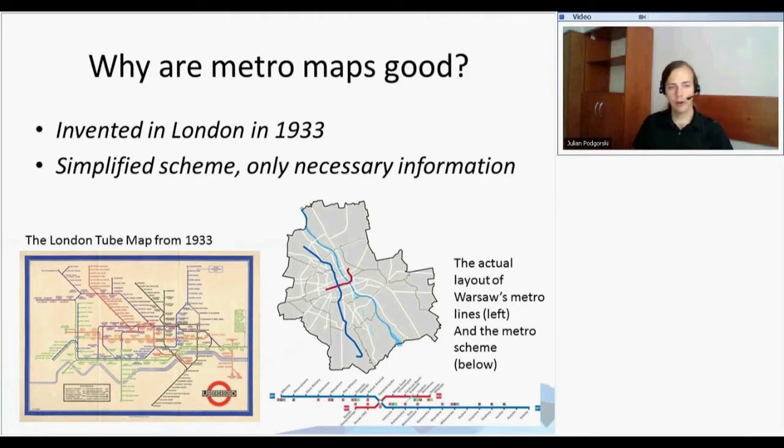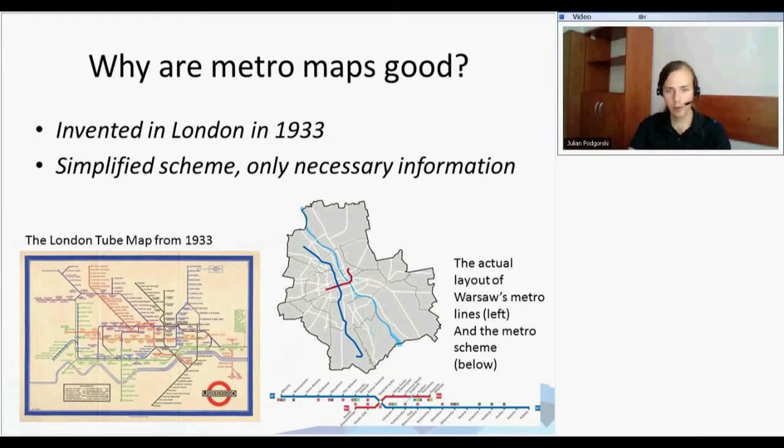We only care which station is first, which station is last, how many stations we have to pass before we have to leave the train. And that's why those maps were nice. They simplify the world in a way that is useful and convenient to us.